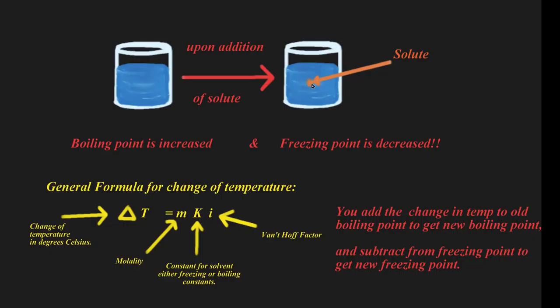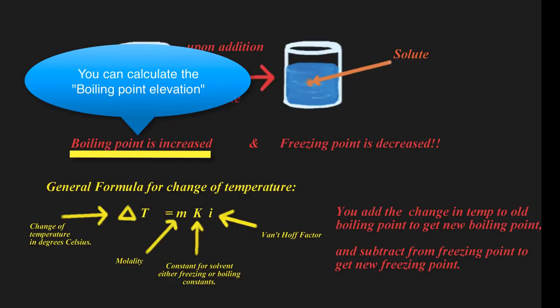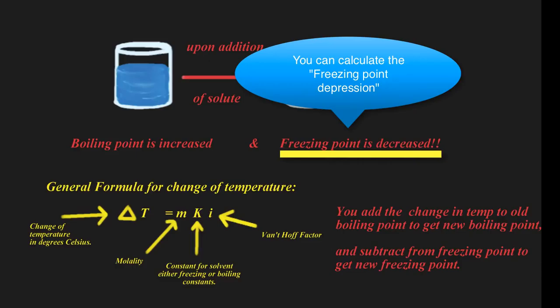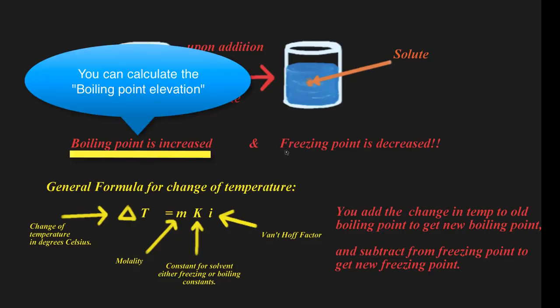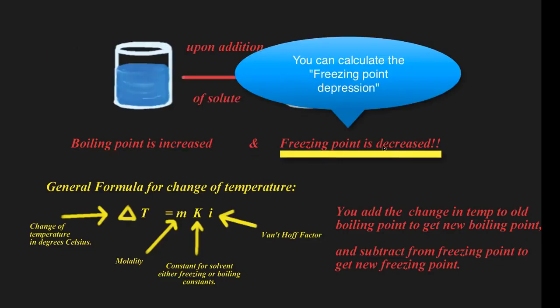As a result, the boiling point is increased and the freezing point is decreased. Again, placing a solute in a solvent increases the boiling point and decreases the freezing point.